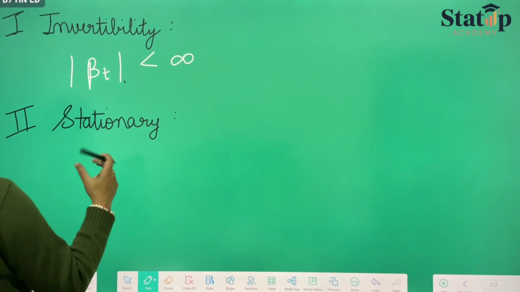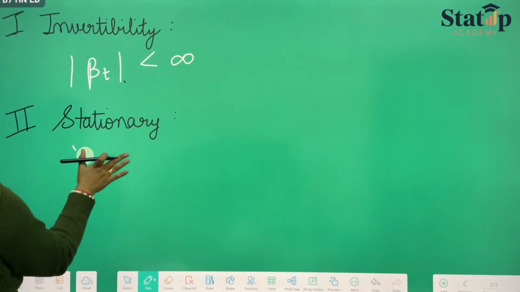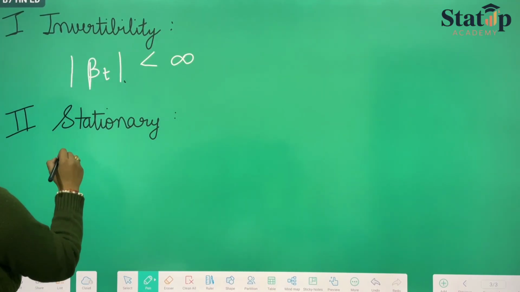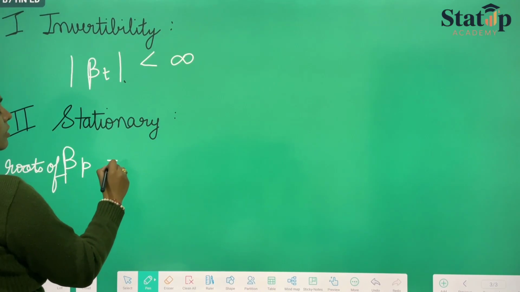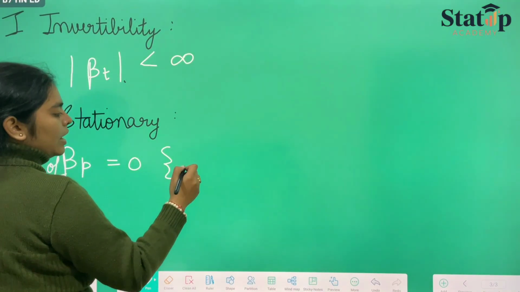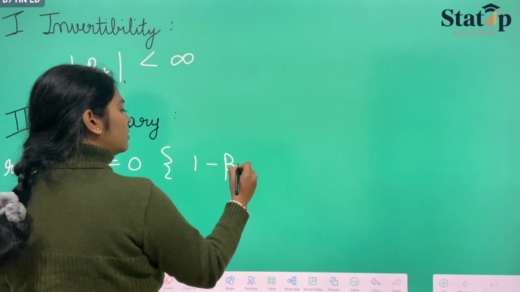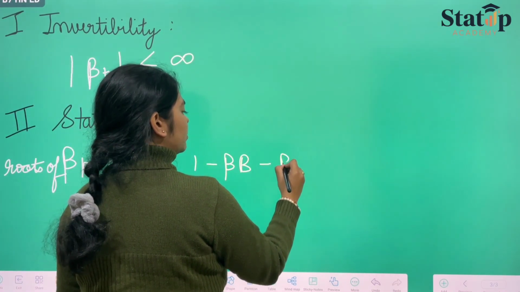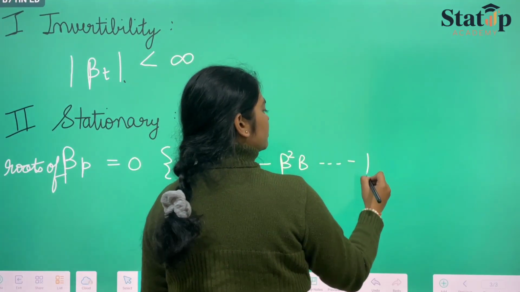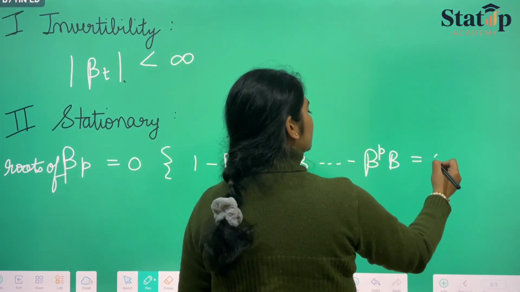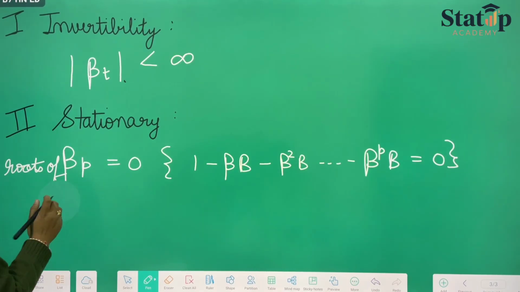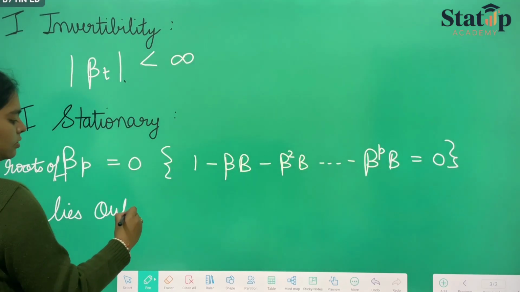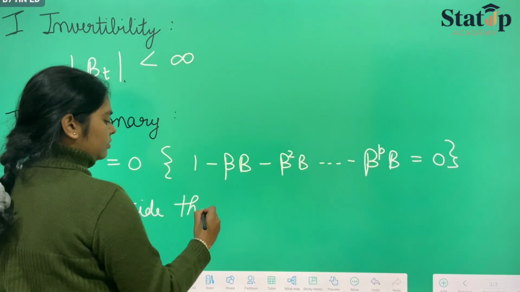Our model is stationary when the roots of the equation beta p of B equal to 0, where it can be written as 1 minus beta 1 B minus beta 2 B square up till so on minus beta p B raised to the power p, are such that, suppose we are getting roots z1, z2, z3 up till zp, they all lie outside the unit circle.